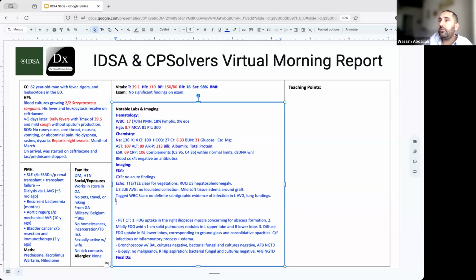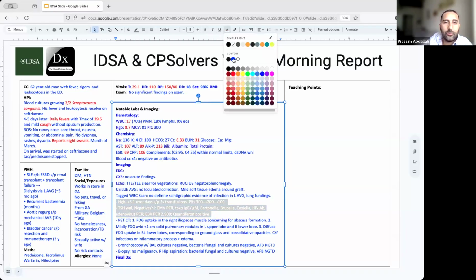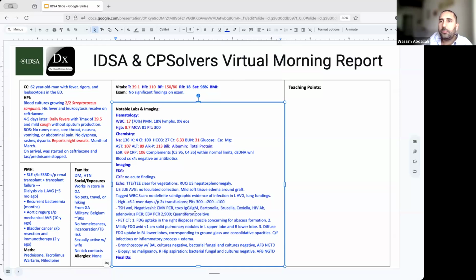Coxiella serologies were negative. Brucella, somebody was talking about brucellosis initially, Brucella and Bartonella also negative. Toxo IgM and IgG were negative. TSH within normal limits. So that's a lot of information, a lot of diagnostics that I brought up. But okay, I'll leave it now back to Yusuf.